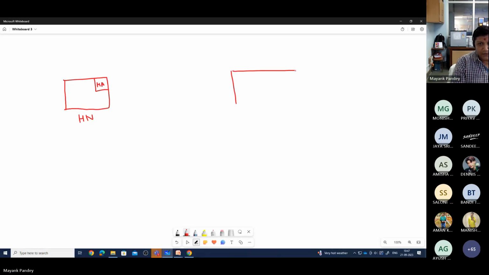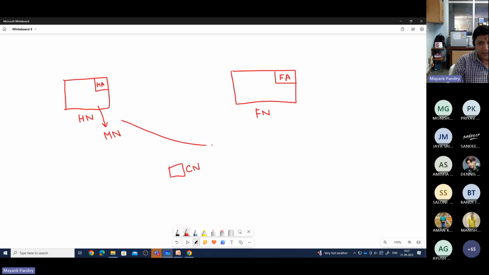There is a foreign network, and there is a router in the foreign network which is the foreign agent. There is a correspondent node. There is a mobile node of this network, which currently is in the foreign network. The mobile node has moved from its home network to the foreign network. Right now, here is the mobile node.